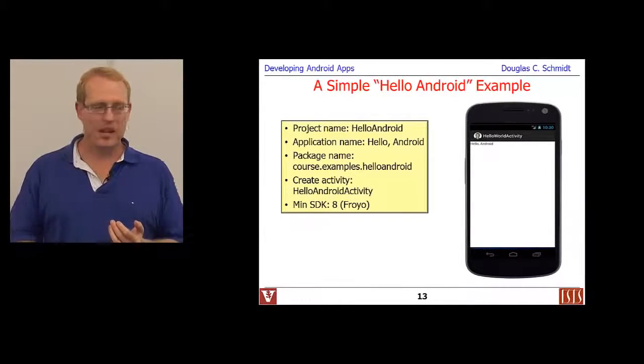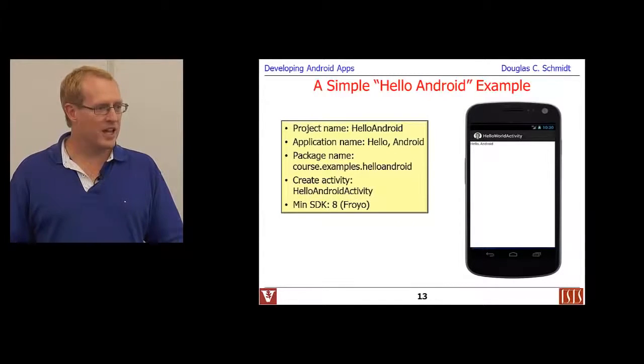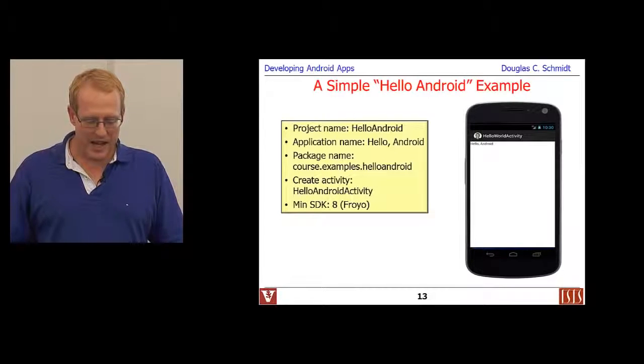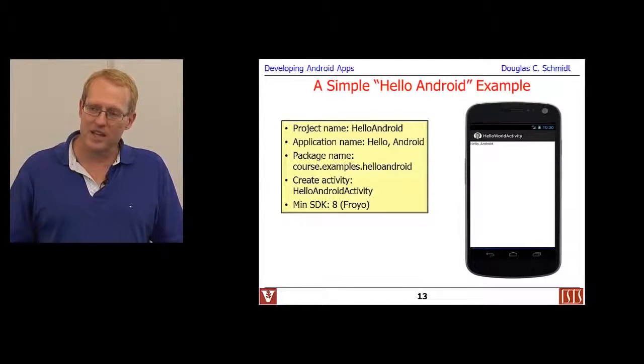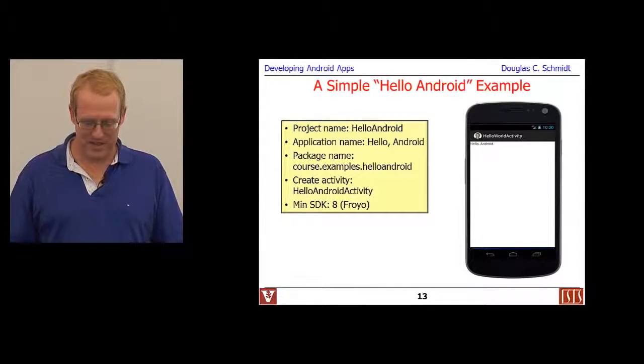We're going to call the application Hello, Android, just to be a little different. We're going to have a package name, which will be course examples Hello Android, which gets a little bit verbose after a while. We could shorten it if we so chose. And then we're going to have an activity, which is going to be called, of all things, Hello Android Activity. Very creative and imaginative name.